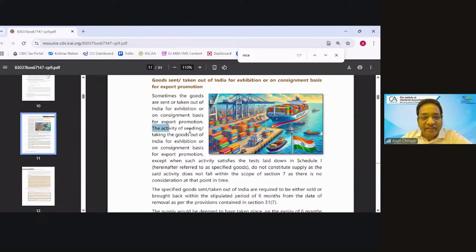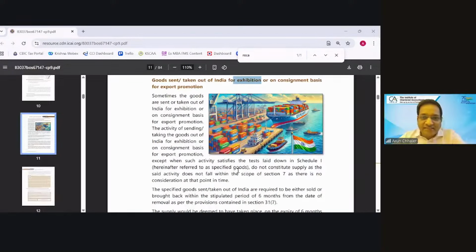The activity of sending or taking the goods out of India for exhibition or consignment basis for export promotion is not a supply, except when such activity satisfies the test laid down in Schedule 1. See, when you are sending the goods out of India for exhibition, does it have consideration or not? The answer is no consideration. And a transaction without consideration can be a supply only under Schedule 1.